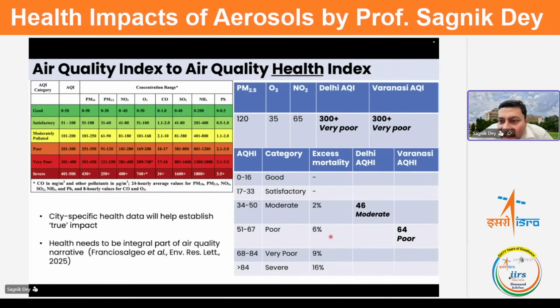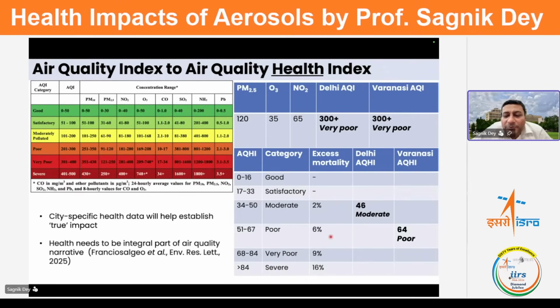Same AQI. Why? Because, as I said, the health outcome depends on many other factors, many biological factors, many associated factors. So it's not the same. Same AQI, two different cities, different outcomes.